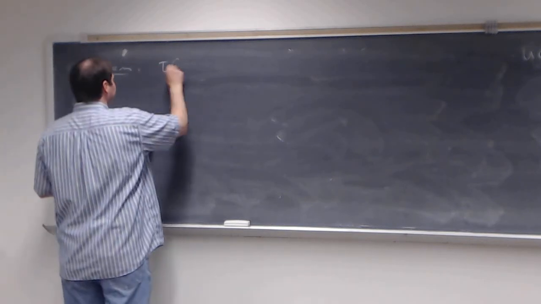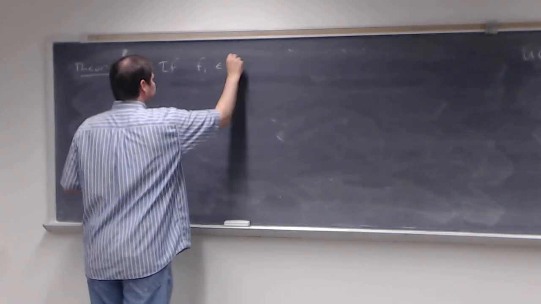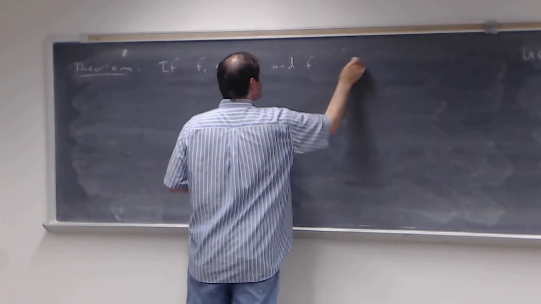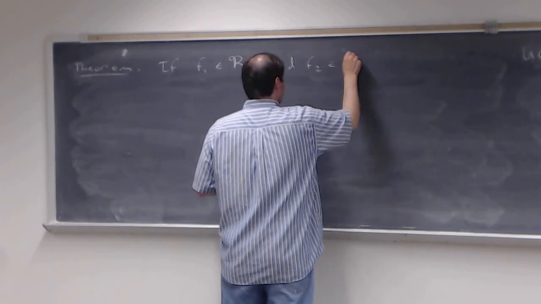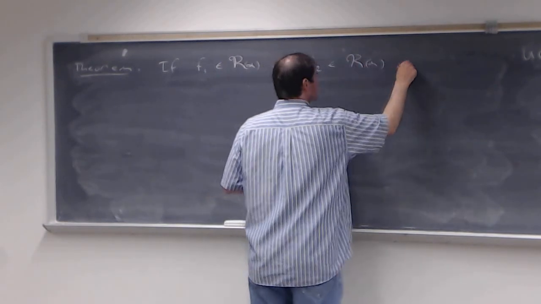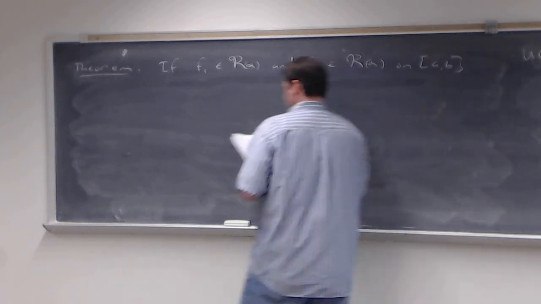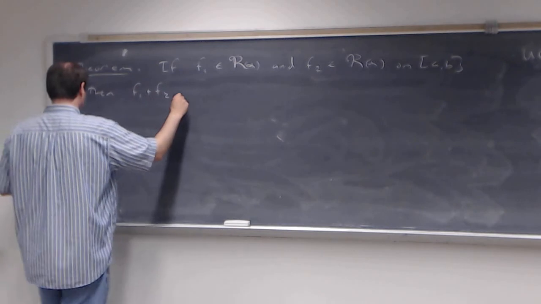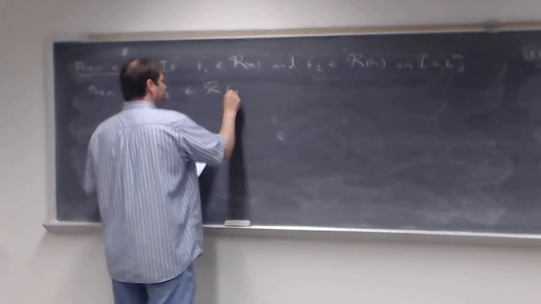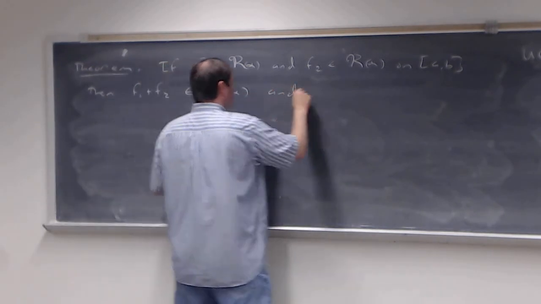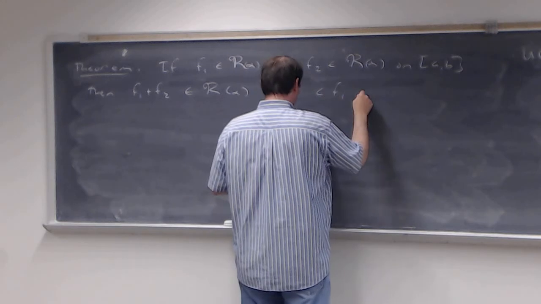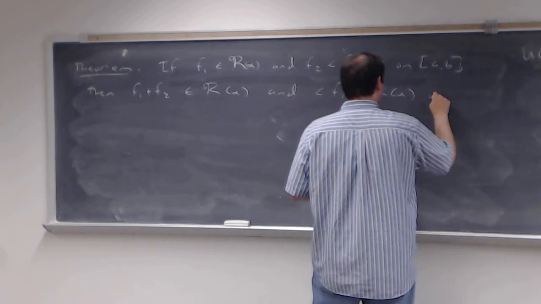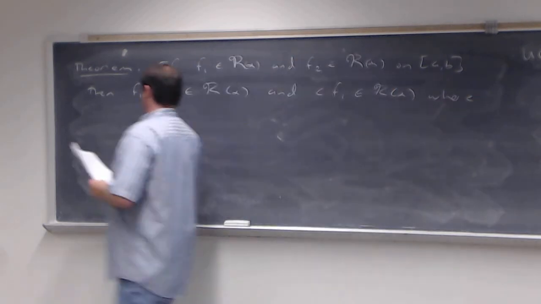It says if f sub 1 is Riemann-Stieltjes integrable, and f sub 2 is Riemann-Stieltjes integrable on a to b, then f sub 1 plus f sub 2 is Riemann-Stieltjes integrable, and c times f sub 1 is Riemann-Stieltjes integrable, where c is a constant.